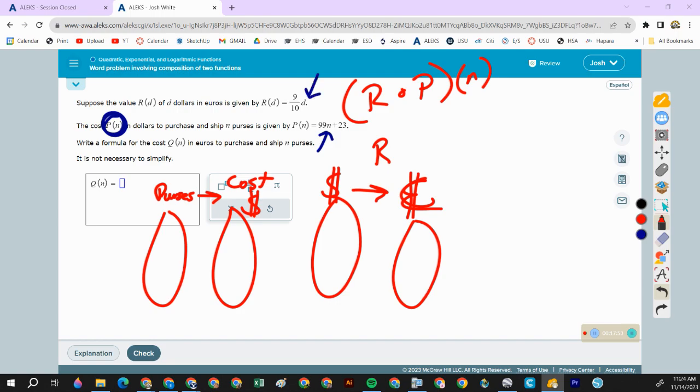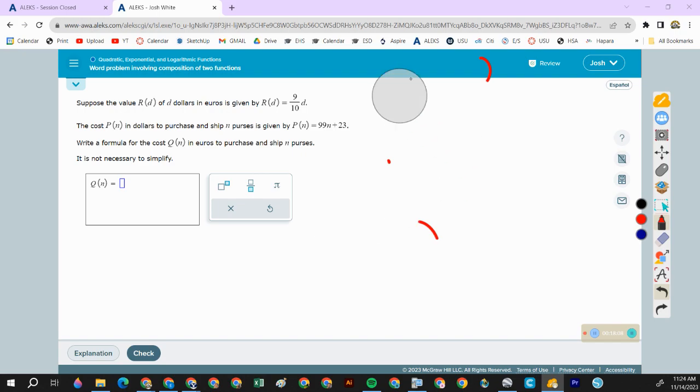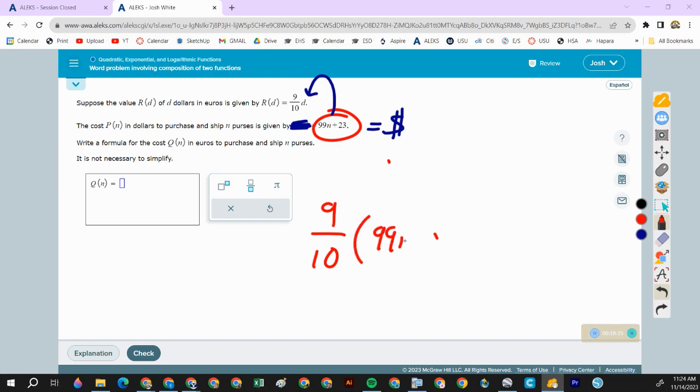And I can only plug dollars in there. So the shipping has to happen first, which means it's on the inside. Does that make sense? So we are going to put this inside there, because this unit here is in dollars. So 9 over 10, and then 99n plus 23.